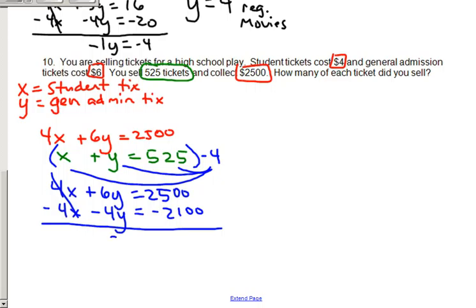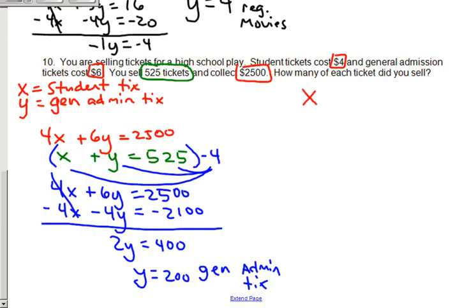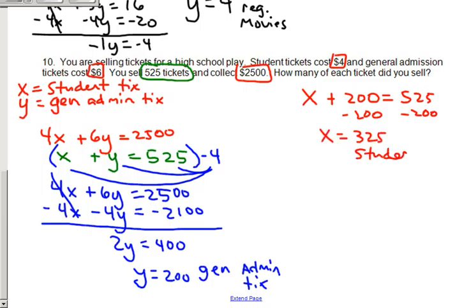Add down, cancel. 2y equals 400. So y would equal 200. We'd get that by dividing both sides by 2. Y meant general admission, so I know this means 200 general admission tickets. I'm now going to take that 200 and plug it into x plus 200 equals 525. Subtract 200 from both sides. You get x equals 325 student tickets.